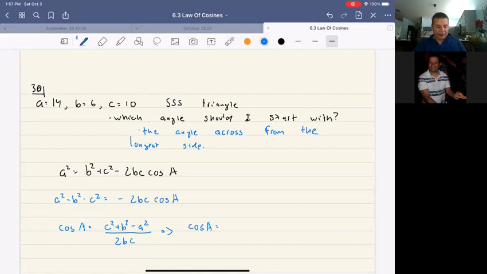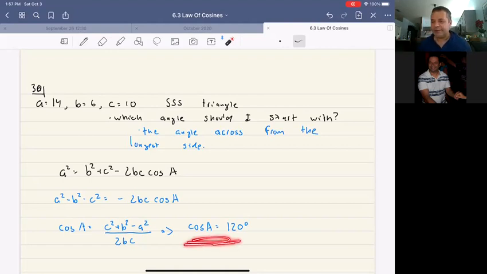Inverse cosine, and I get 120 degrees. Now, if I had done law of sines, or if I started from another angle, then when I got to A, I would have had 60 as my answer. And then I would have had to decide, is it 120 or is it 60? This takes away any of that deciding.